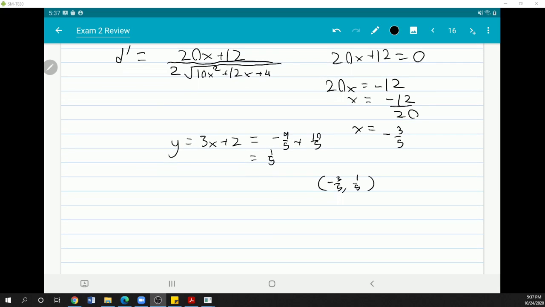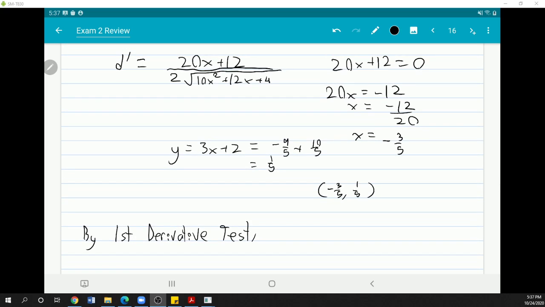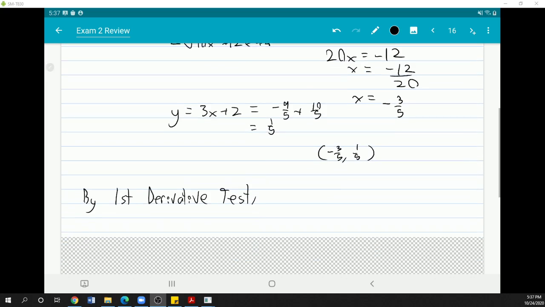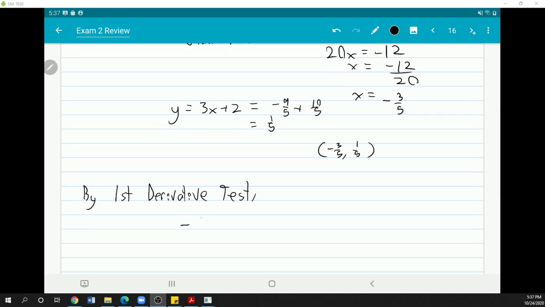Now by the first derivative test, which I also failed to do. By the first derivative test, if I plug in something bigger than minus 12 over 20, I get a positive.